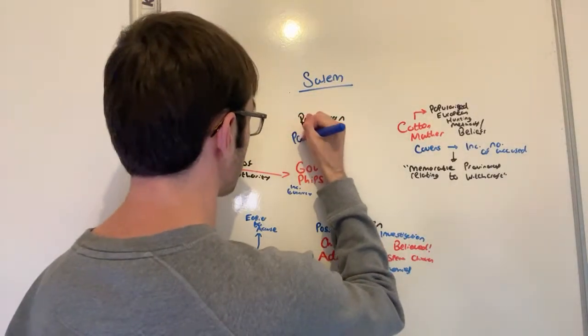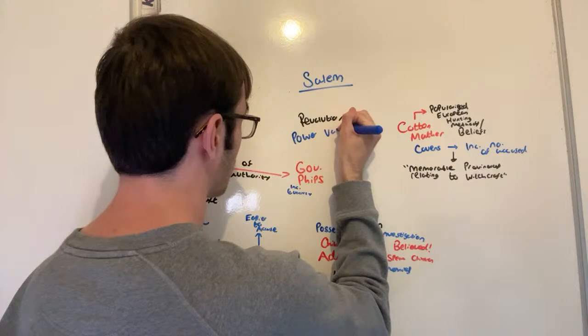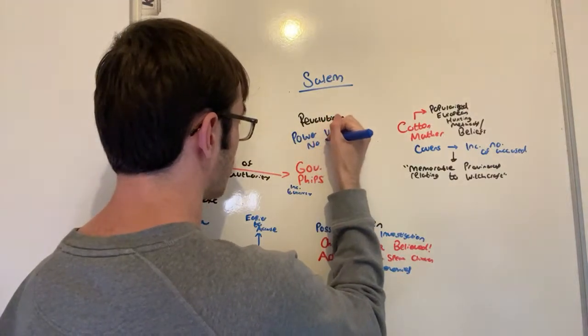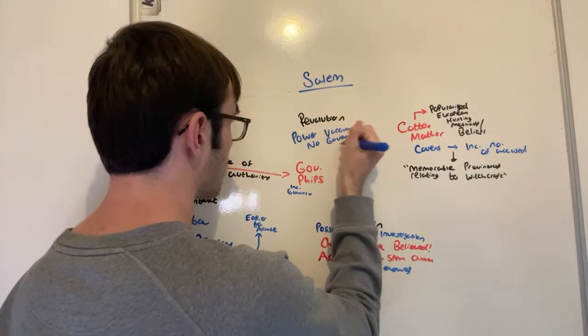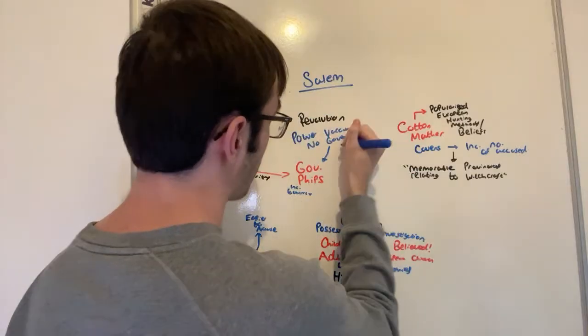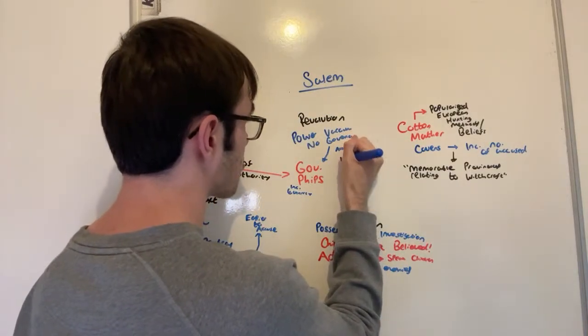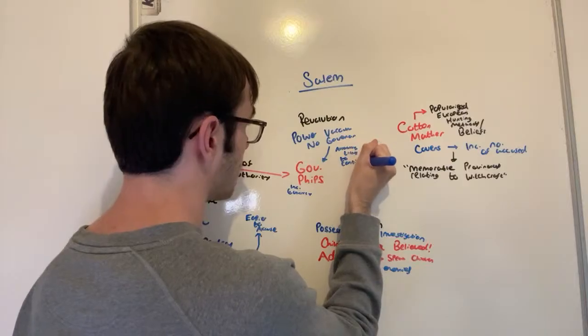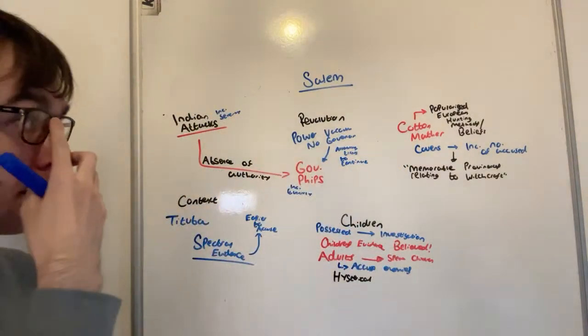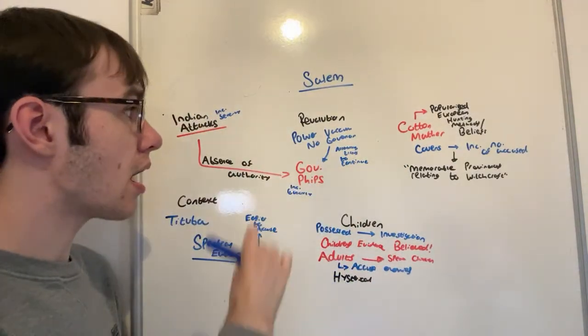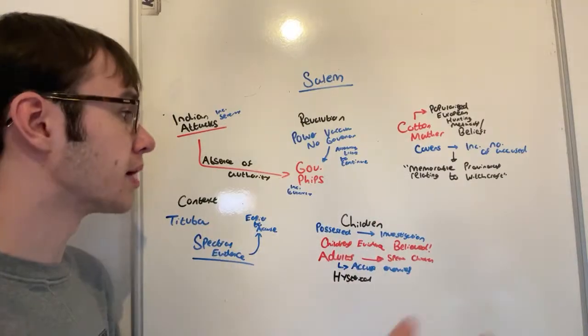So it created a power vacuum due to no governor, therefore allowing trials to continue. That's a key point with a lot of the witch hunts.